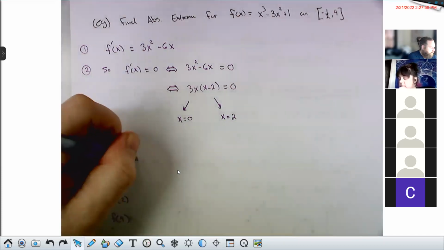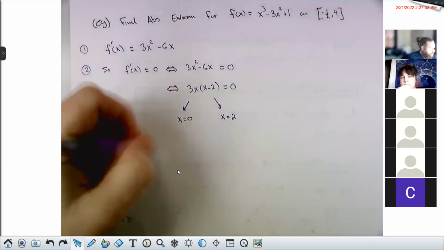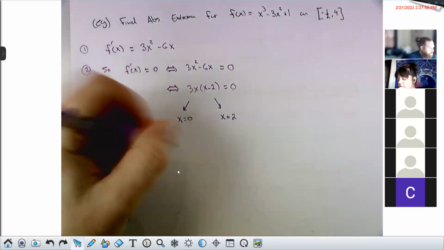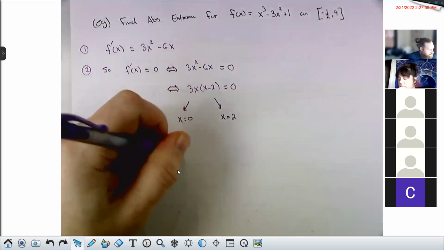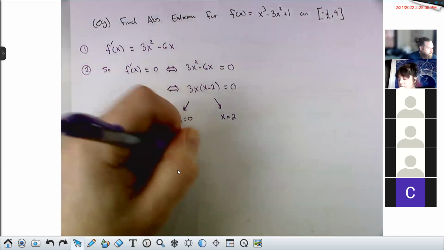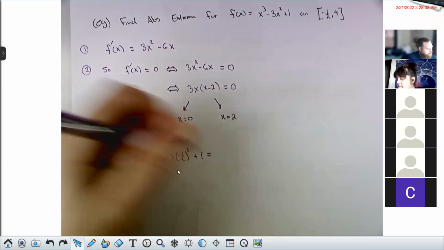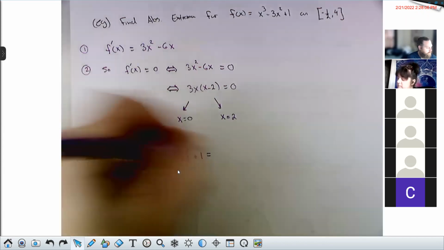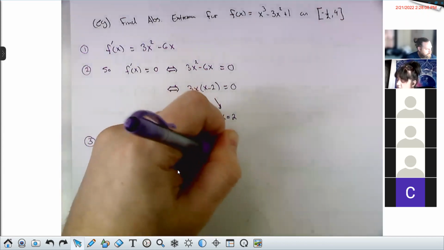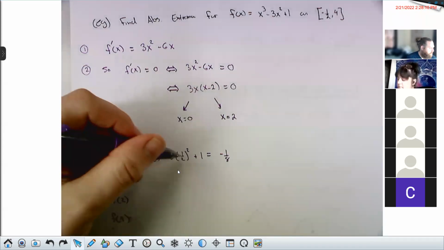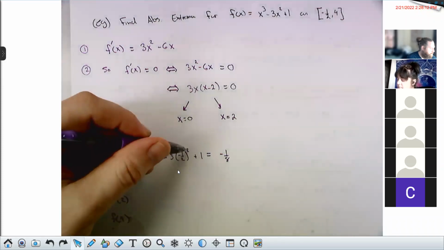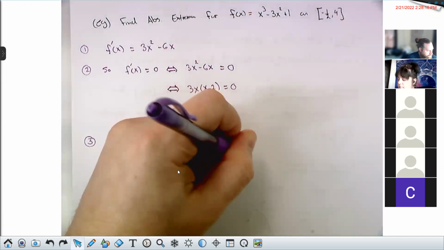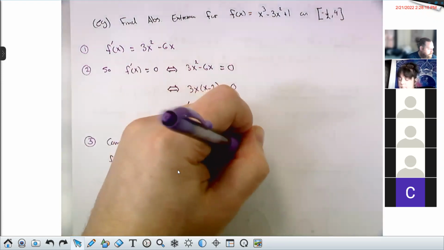If I evaluate f, the original function at -1/2, I get -1/2 cubed minus 3 times -1/2 squared plus 1. The cube of -1/2 is -1/8, minus 3 times -1/2 squared is -3/4. And then plus 1.